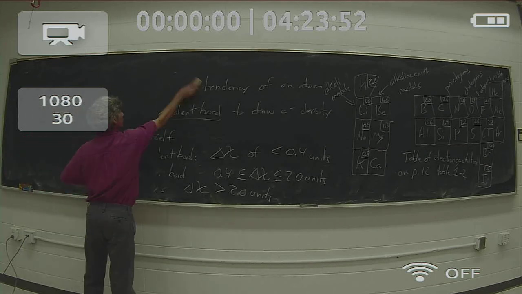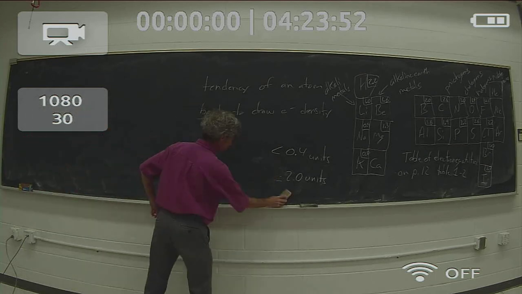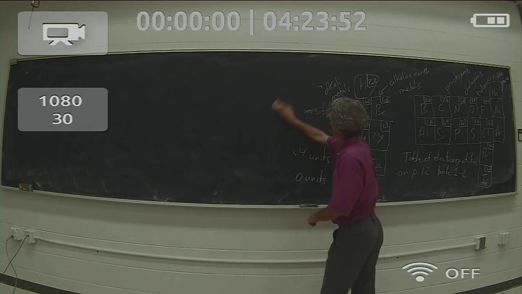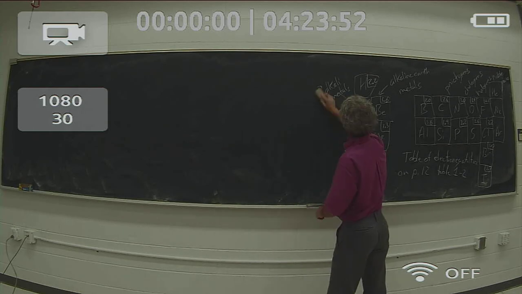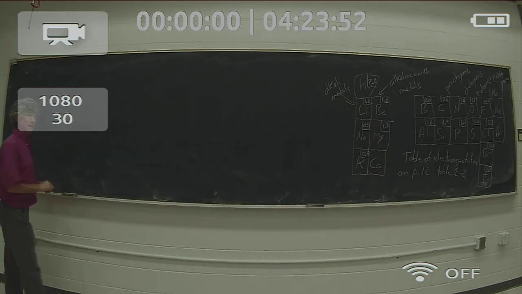It's also important that you remember the difference between polarity. We talked about polarity in terms of a polar covalent bond and polarizability. They both start with P and end with ity, but they are quite different.